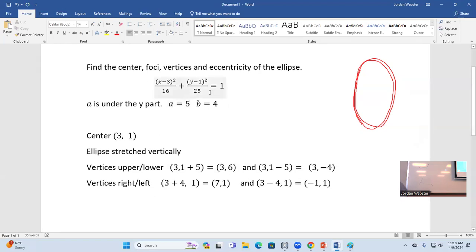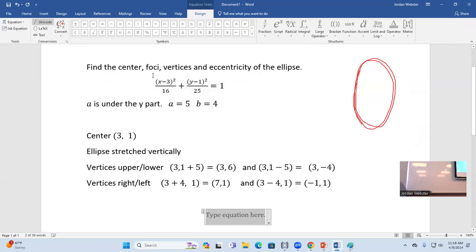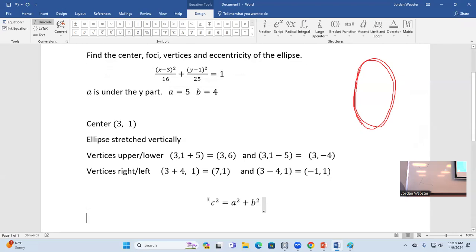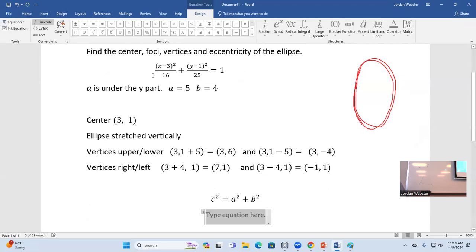Now let's talk about the foci. In order to do this, c squared is equal to a squared plus b squared. A in this case is 25. I'm sorry, a squared is 25. I mistyped this.